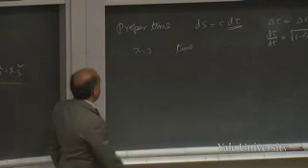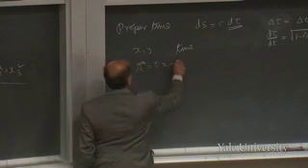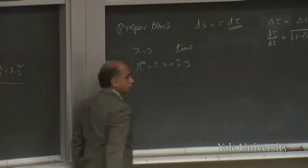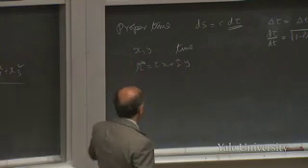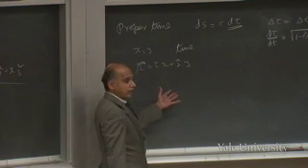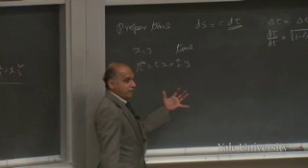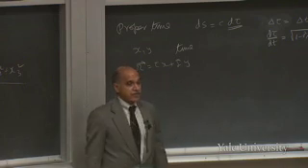Then I formed a vector r, which is i times x plus j times y. And the vector is mathematically defined as an entity with two components, so that when you rotate the axis, the components go into x prime and y prime, which are related to x and y with the cos thetas and sin thetas. That's defined to be a vector.